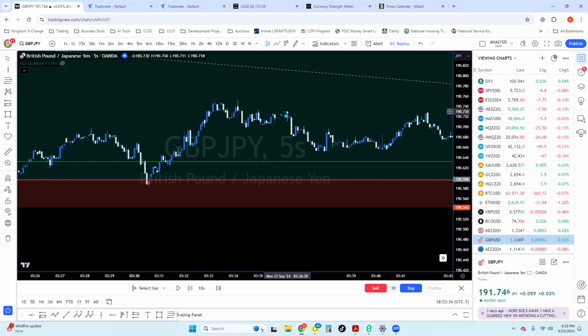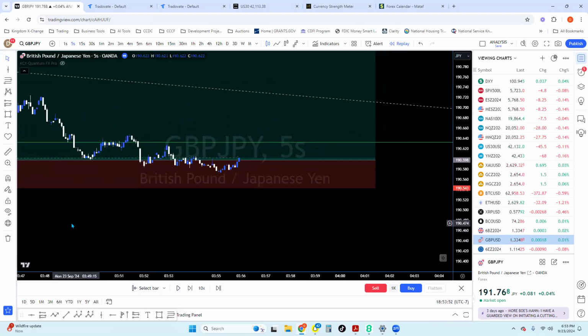So once you start to get your violations, that already tells you. Especially if it violates a low, that's why you can make your stop loss so close.